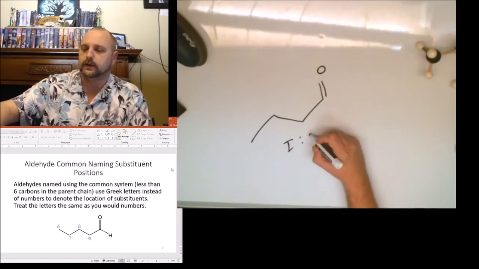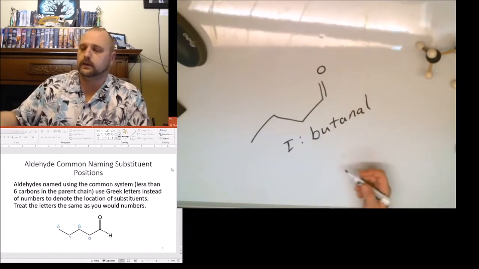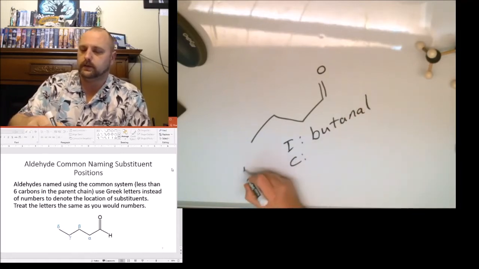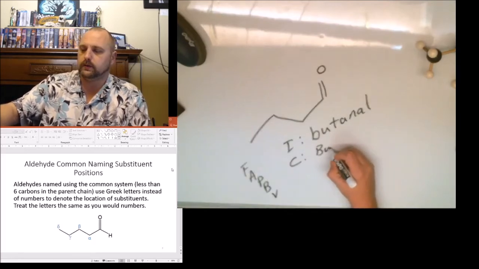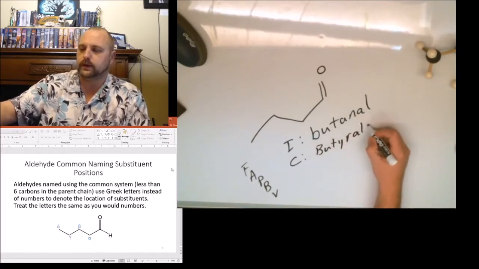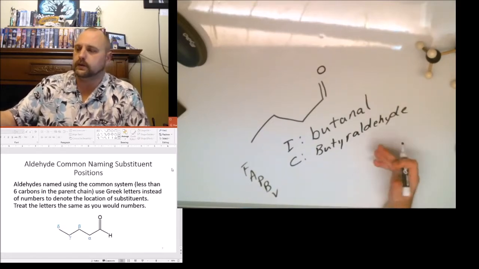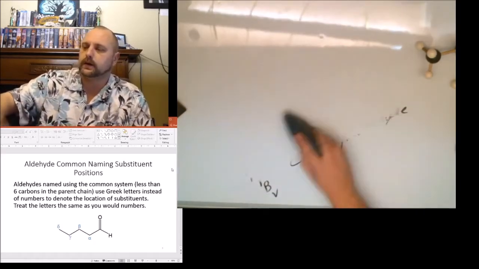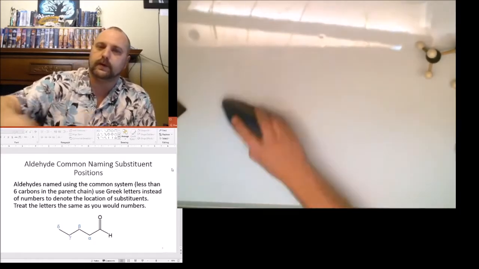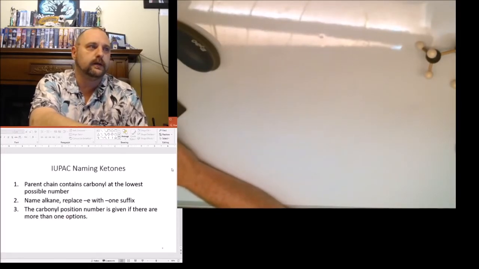IUPAC name of this, butanal. Common name of this, FAPBV, 1, 2, 3, 4, butyraldehyde. A little bit of memorization, but it's not too bad. The hardest part is keeping up with which one's which, IUPAC or common.